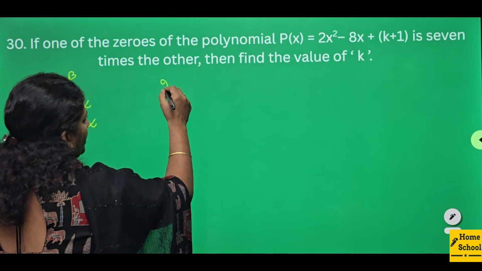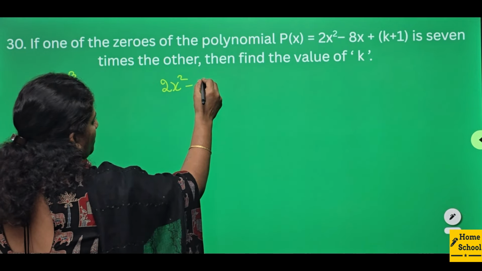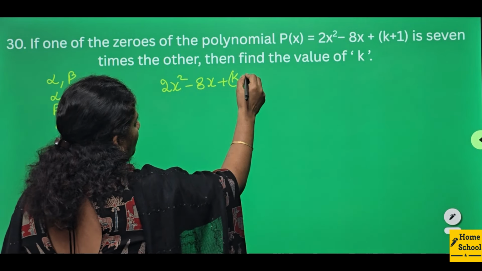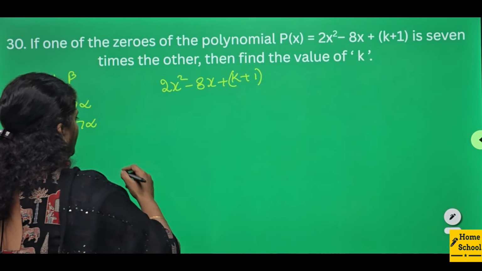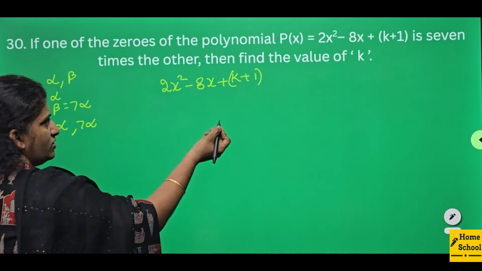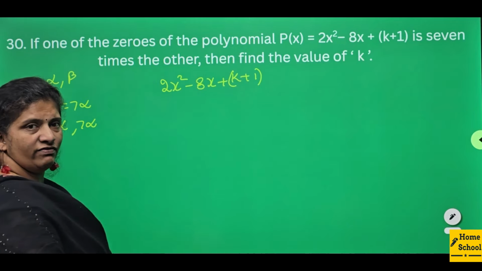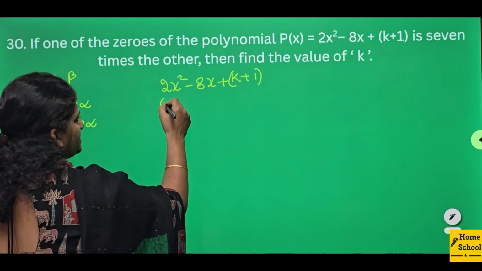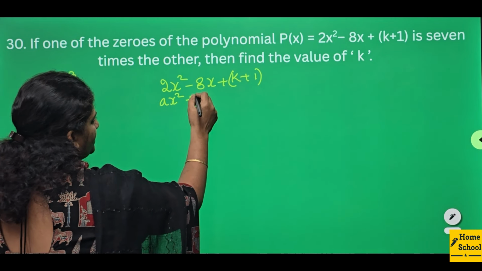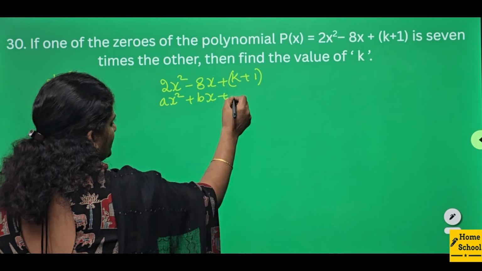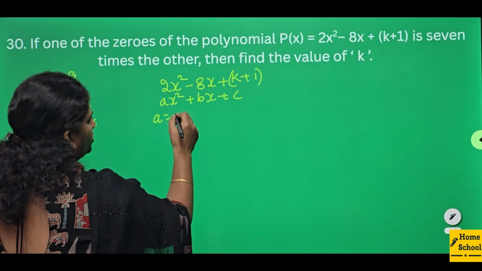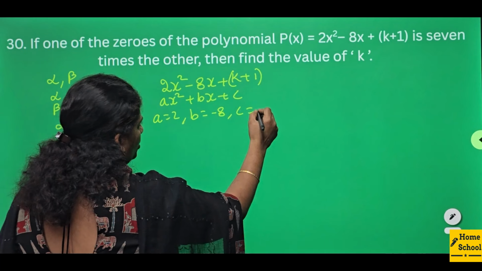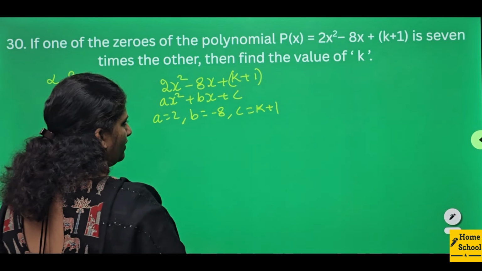Given polynomial 2x square minus 8x plus k plus 1. By using these zeros and this polynomial, how can we find k? We need to go for first comparing this with standard form ax square plus bx plus c. a is equal to 2, b is equal to minus 8, c is equal to k plus 1.